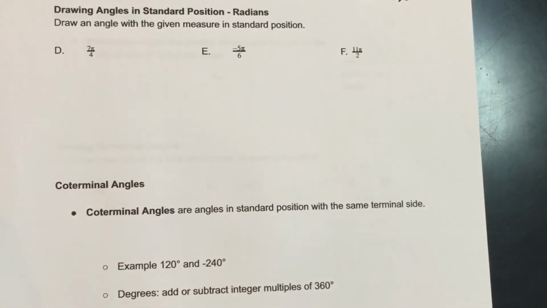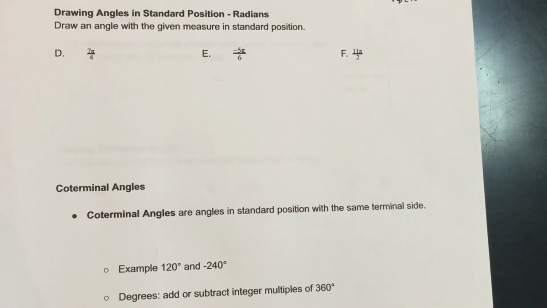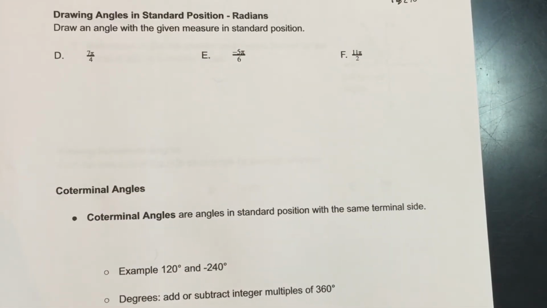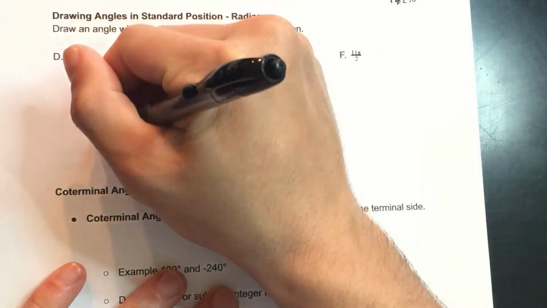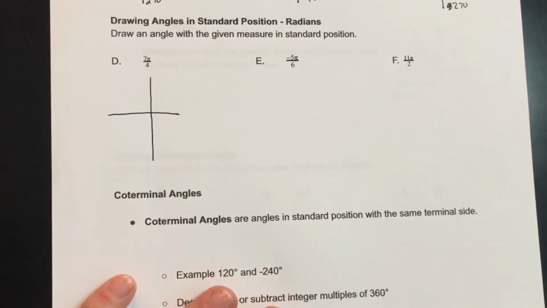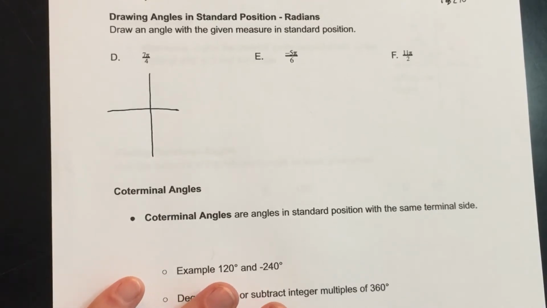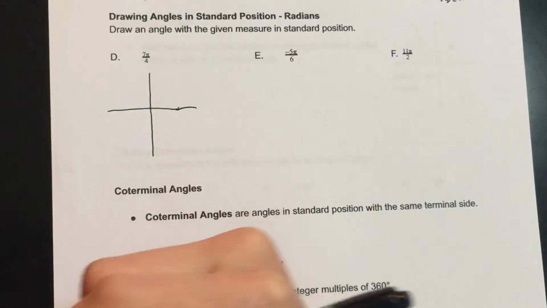Now we can also draw angles in standard position if it's set up in radians. You could convert all these to degrees, but we want to get into the habit of being able to work with things in radian format. So we don't always want to rely on going back into degrees. When we draw an angle in standard position, if it's set up in radians, I'm going to want to label my axes in radians as well.